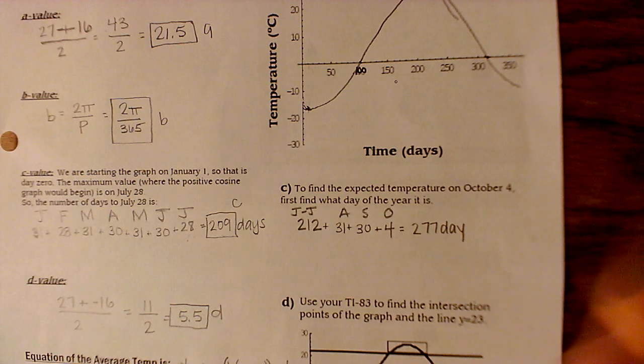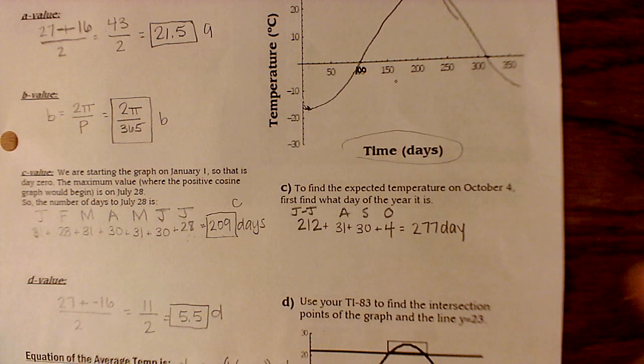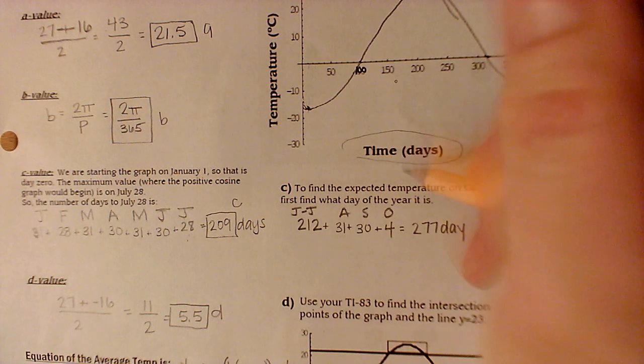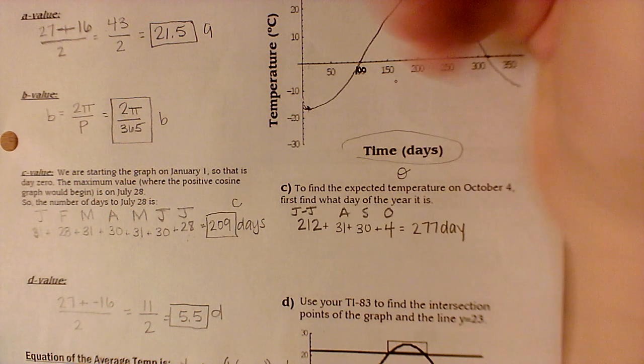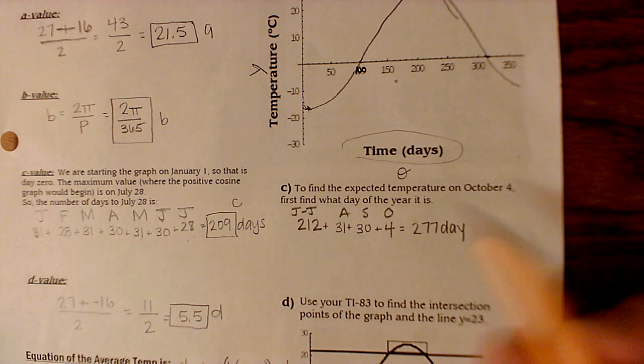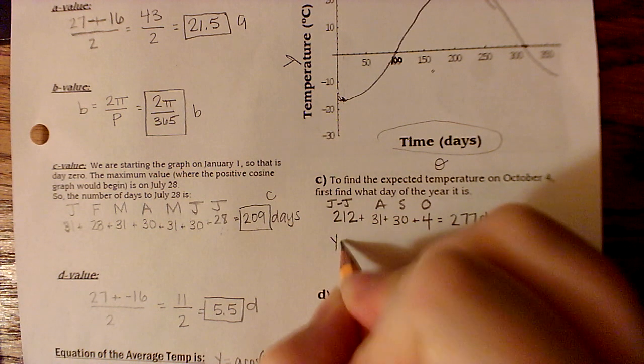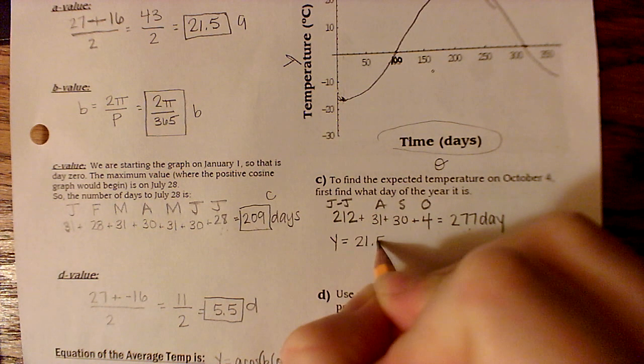So then all we do is, remember, days are our x value, or in this case our theta, and our y is temperature. So theta is days, temperature is y. So we're going to plug in our days into theta down here in our original equation, and that should give us our value. So we'd say y equals 21.5.